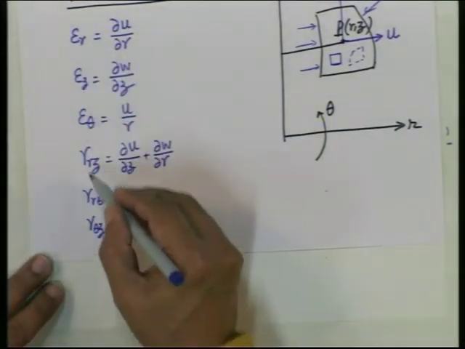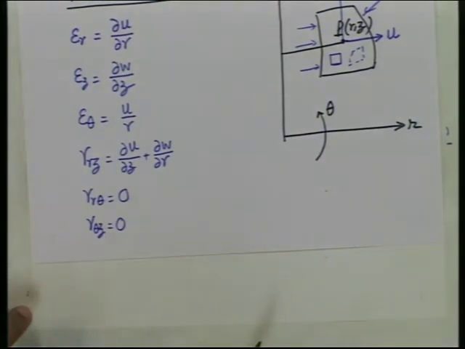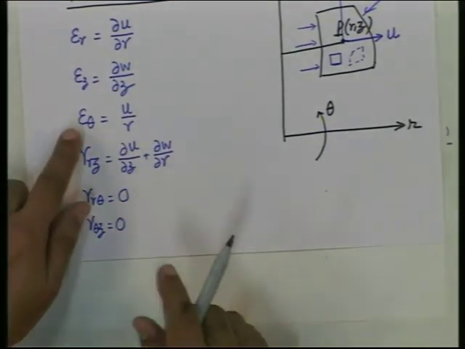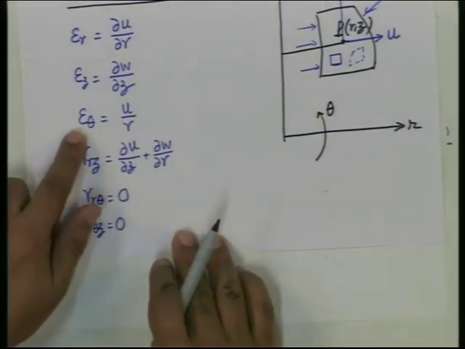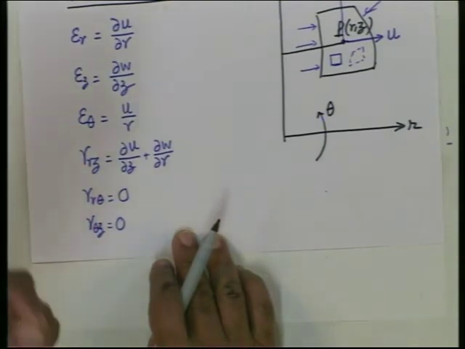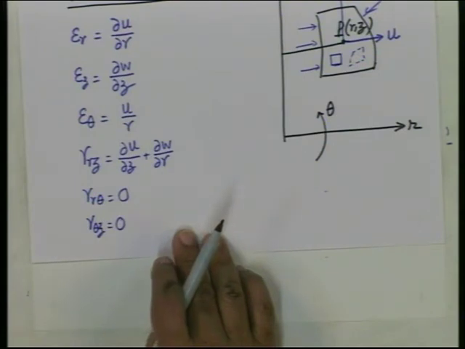Still, despite that, epsilon theta no doubt is out of the plane, but the particle is not moving out of the plane; the particle will remain in the plane.